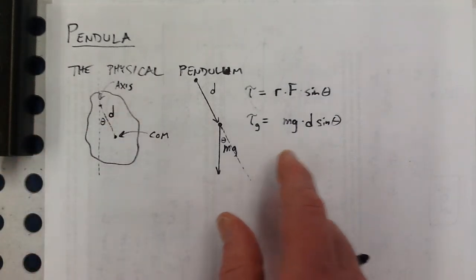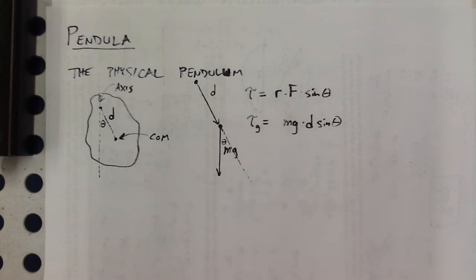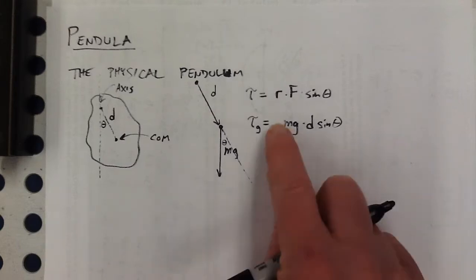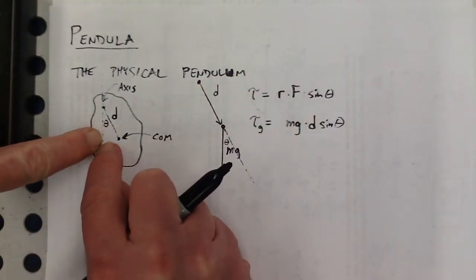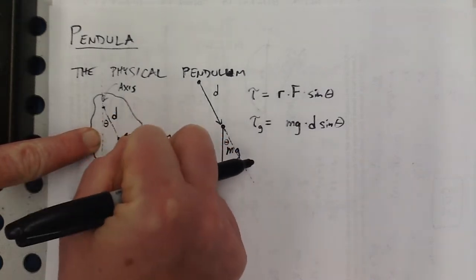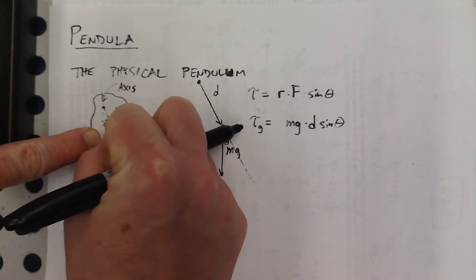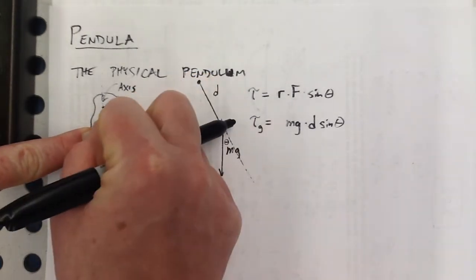And I want to convince you that there should be a negative sign here, just like there's a negative sign in force equals negative kx. There should be a negative sign here because if you make this go off this way, if your angular displacement is this way, counterclockwise, then the torque will be clockwise.